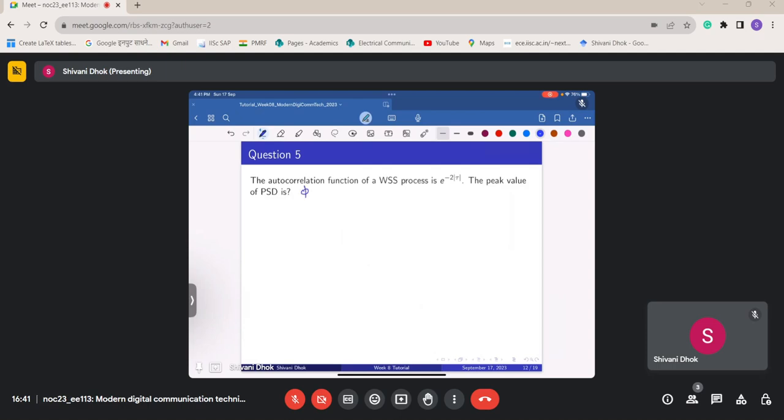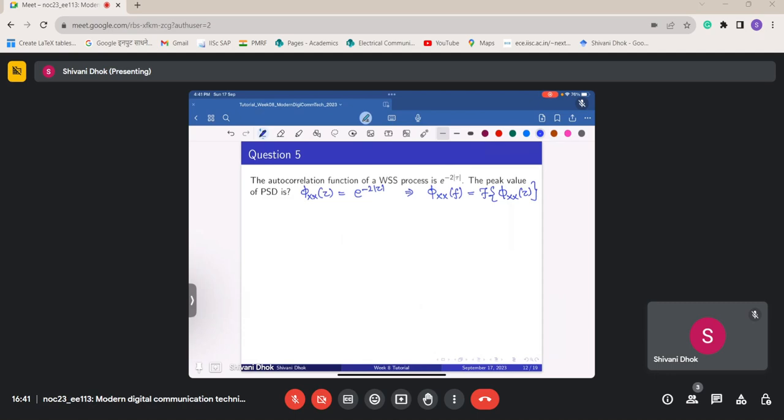So let's say this process is xt. So this phi xx of tau is basically e power minus 2 magnitude tau. So this phi xx of f will be the Fourier transform of phi xx of tau, and we need to find the maximum value of this.